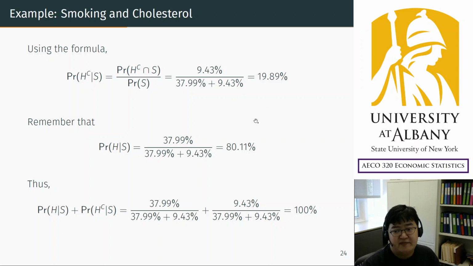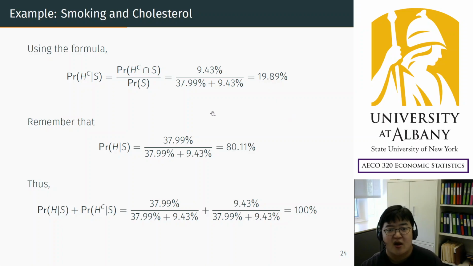And the reason why I'm asking you this is because the result is 19.89%, which is related to another conditional probability we calculated before. So the probability of high cholesterol among those who smoked was 80.11. Now, among those who have smoked before, the probability of non-high cholesterol is 19.89.